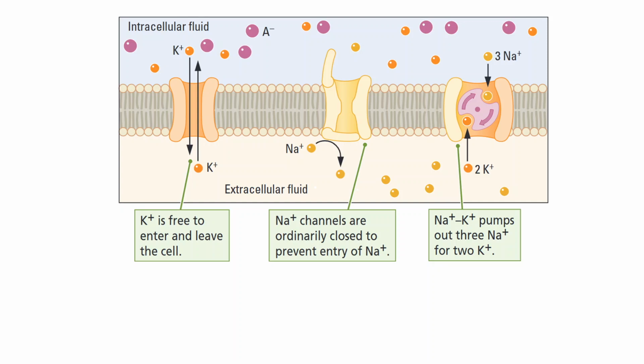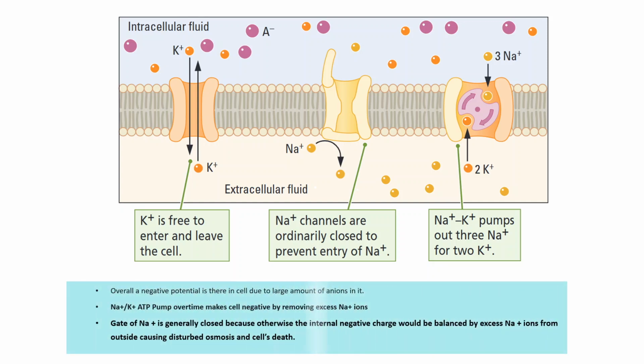And there is a pump, a balancing mechanism, which pumps out three Na+ ions and takes in two potassium ions. This pump is known as the Na+/K+ ATP pump, and the gate of Na+ ions is generally closed, which helps to maintain the negative charge inside the cell. Okay, cool.